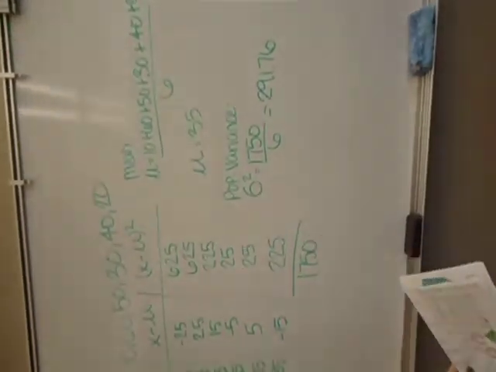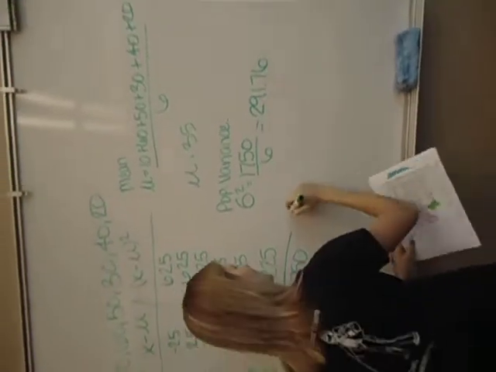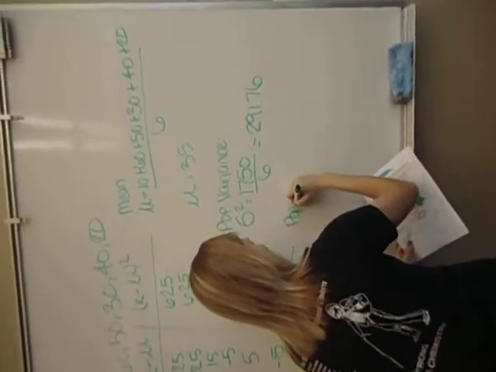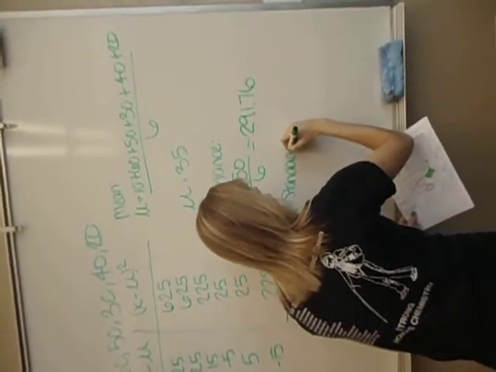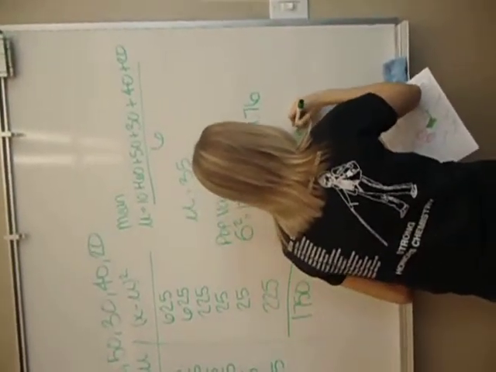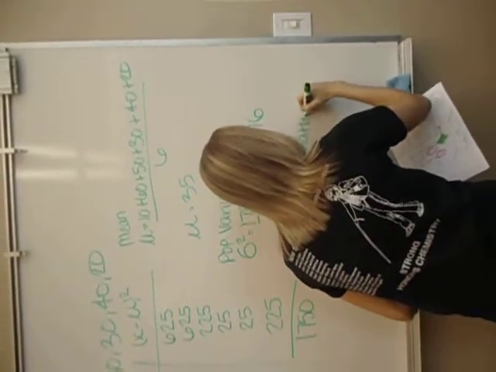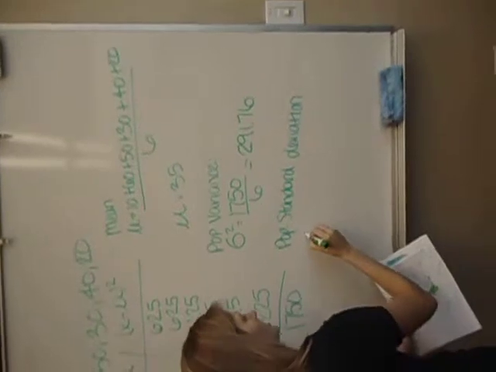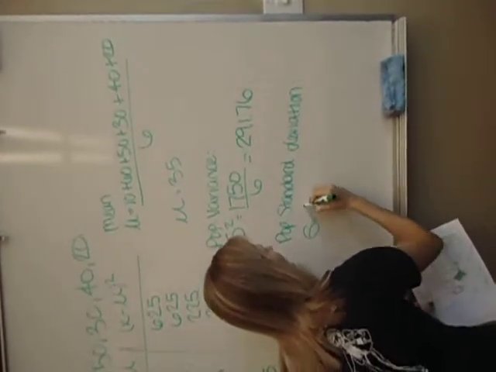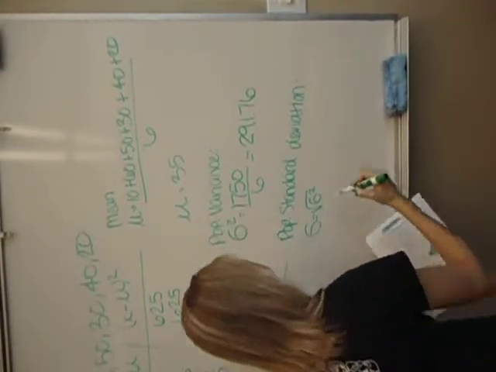Next, we are going to find the population standard deviation. So we are going to have our sigma equals the square root of sigma squared.